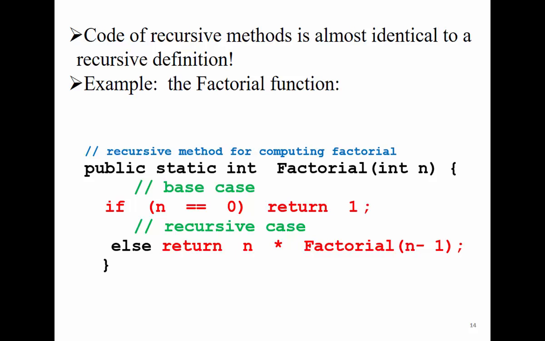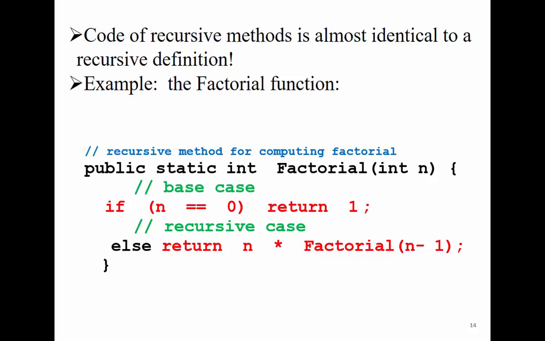Otherwise, else, I'm going to return n times factorial. Now I'm calling the function itself, factorial of n minus 1. So I'm going to do the recursive call. That's exactly the recursive method. It matches exactly the mathematical definition for the factorial.